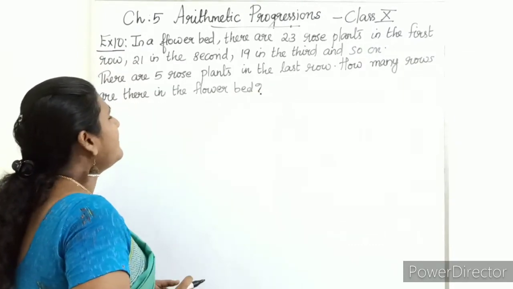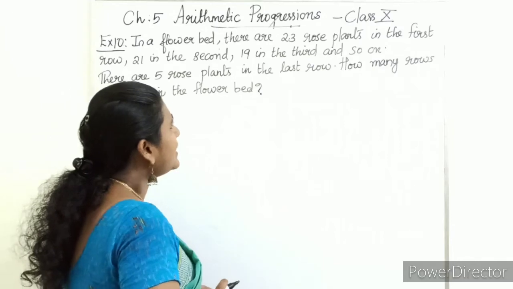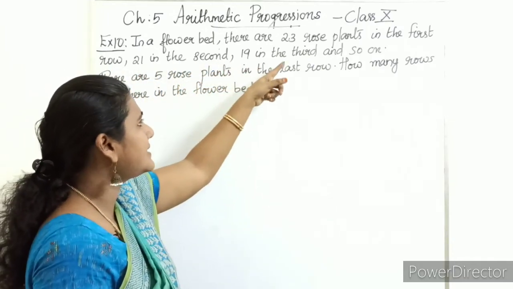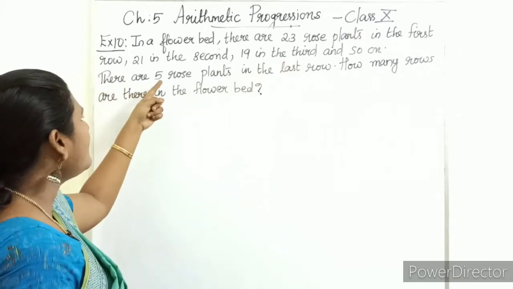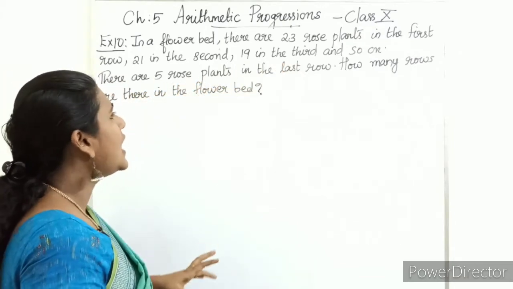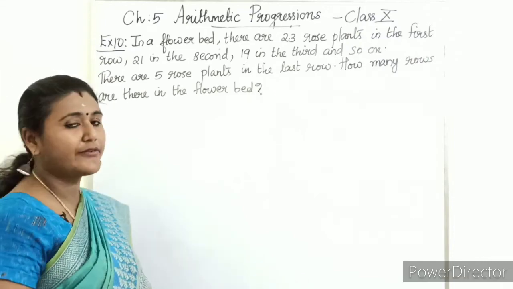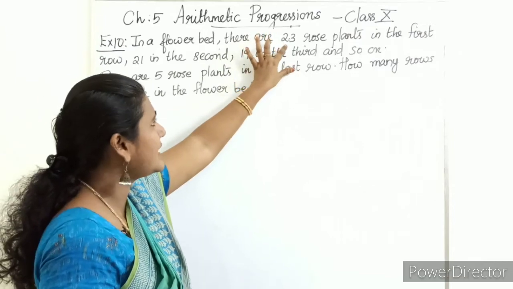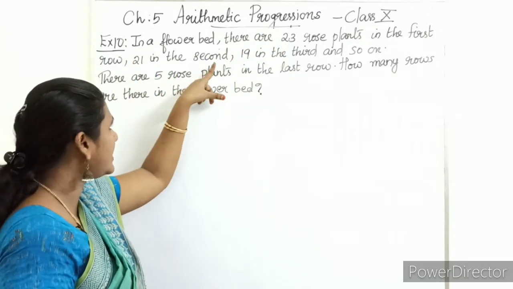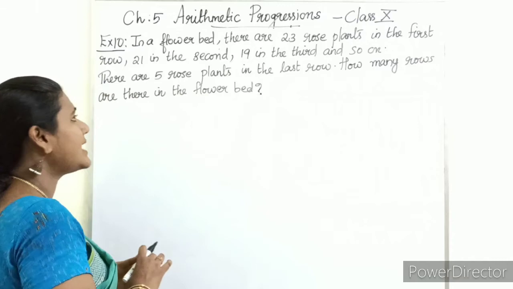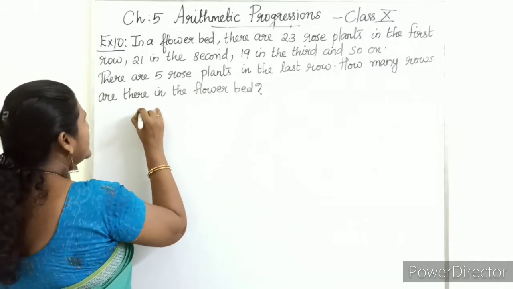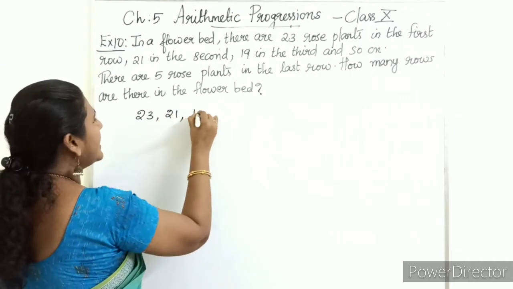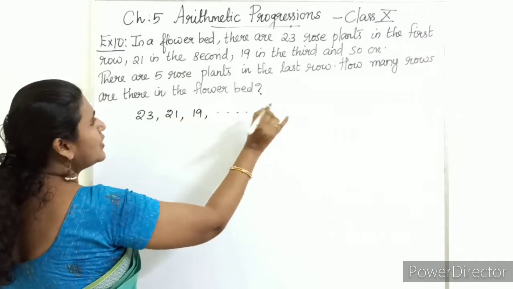Example 10. In a flower bed, there are 23 rose plants in the first row, 21 in the second, 19 in the third, and so on. There are 5 rose plants in the last row. How many rows are there in the flower bed? So in the first row we have 23 rose plants, in the second row 21, and in the third row 19, and so on.